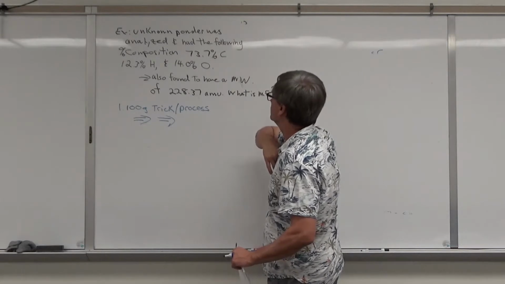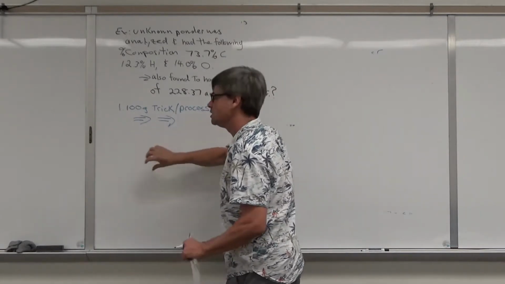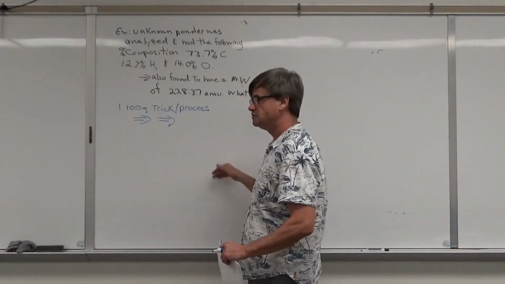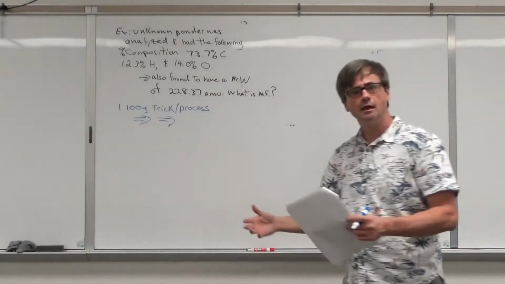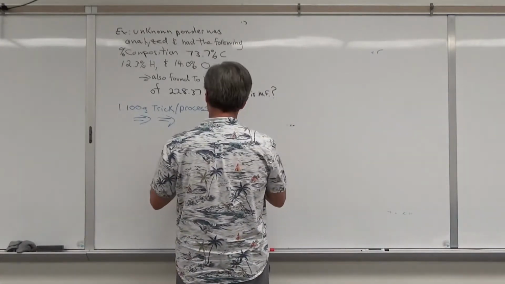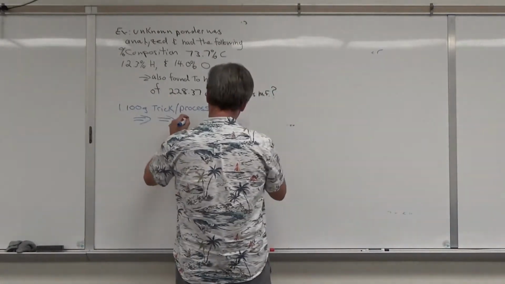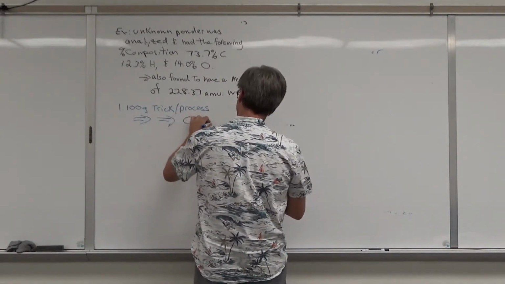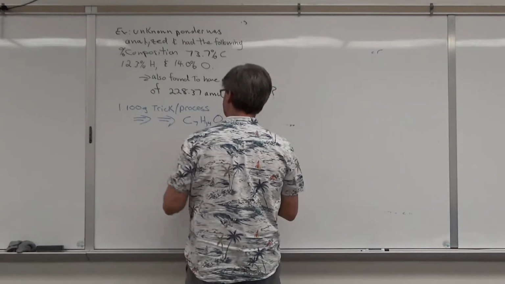You take those grams, convert them into moles, divide by the smallest one and get the smallest whole number ratio. What it would spit out is C7H14O.